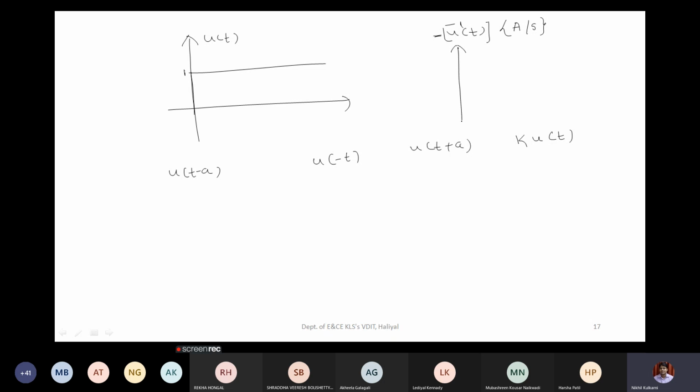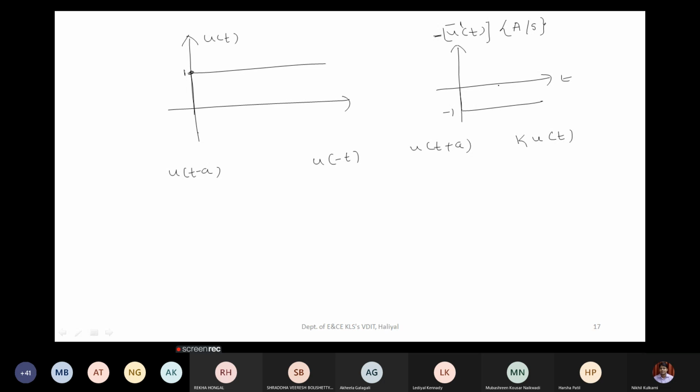So now what you get is u of t like this. Instead of plus 1, it will be at minus 1. u of t is 1. You are just multiplying it with minus 1. So minus 1 into 1 means that will be minus 1 here. Getting this or no, everyone?